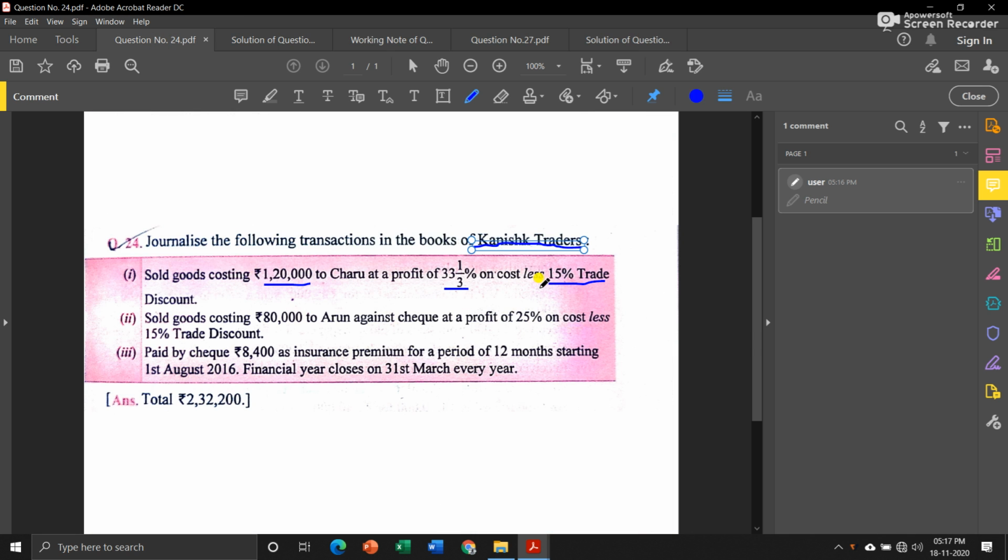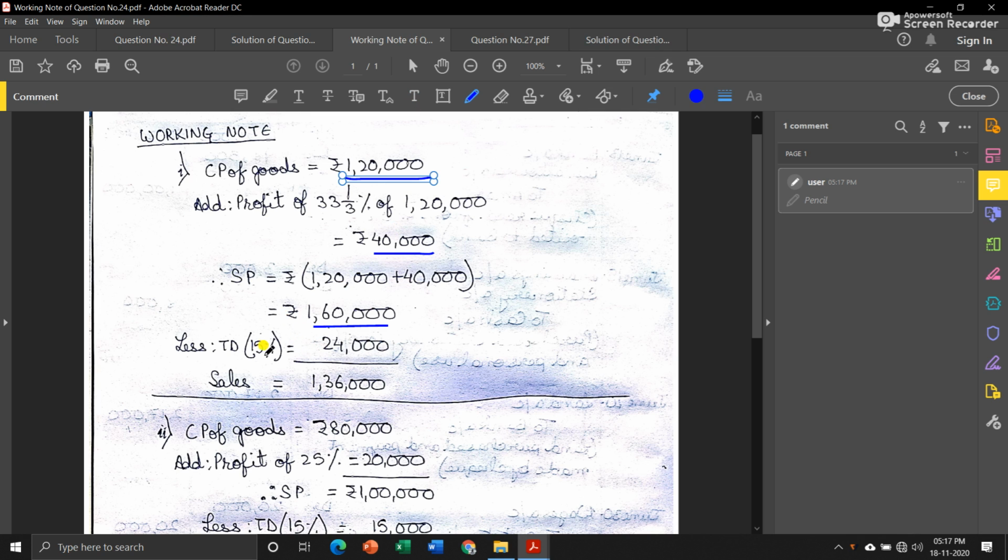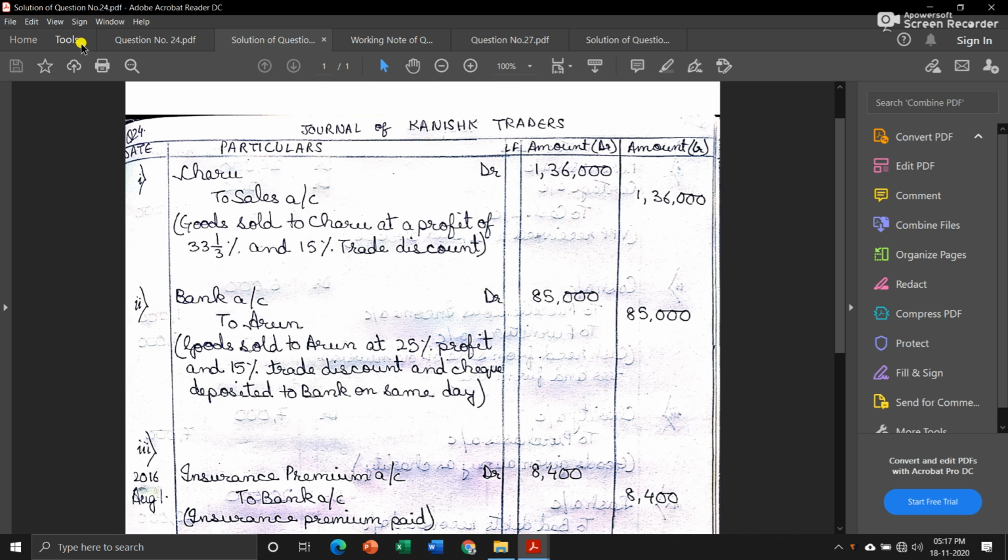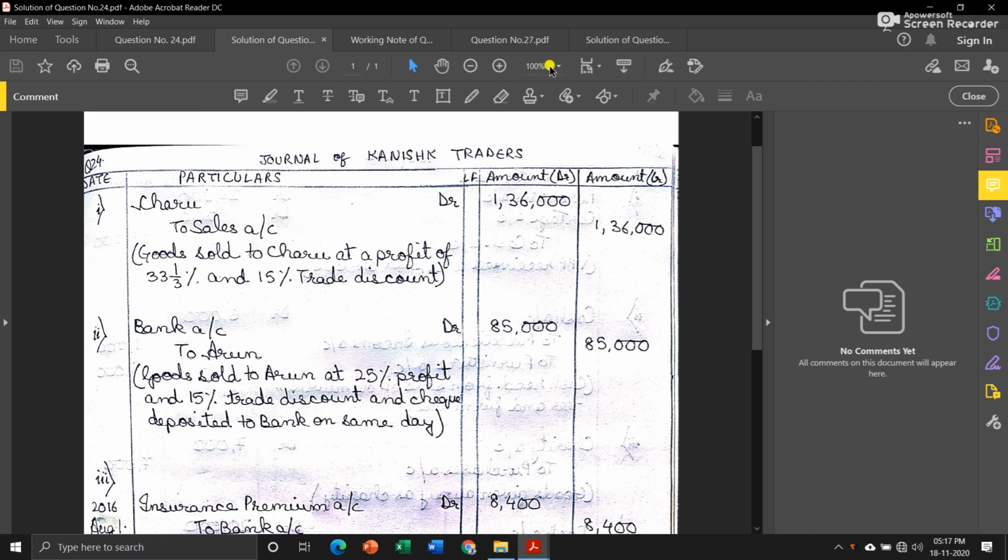In the question they said that there is 15% trade discount as well. So we will deduct trade discount, that is 15% of this 1,60,000, which is 24,000. So sales we got 1,30,000. So for this the journal entry will be Charu account debit to sales.